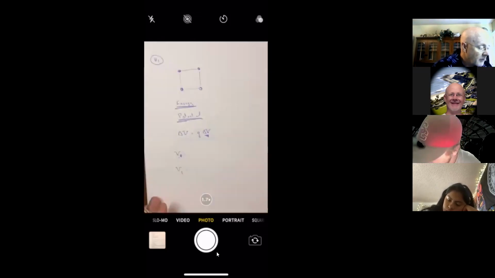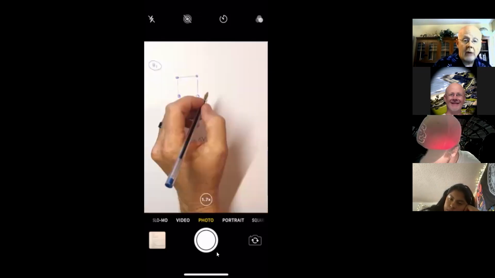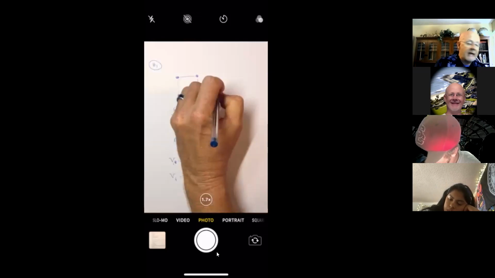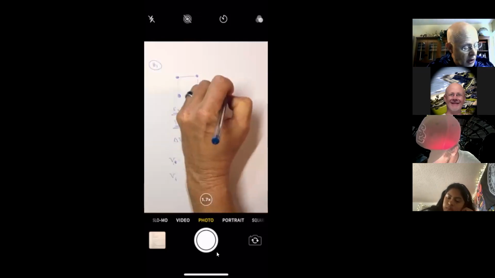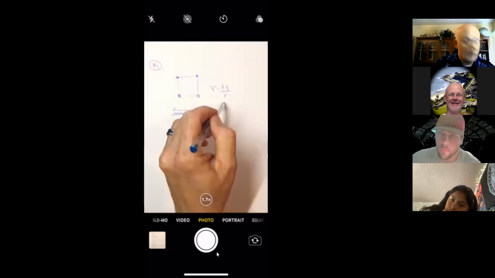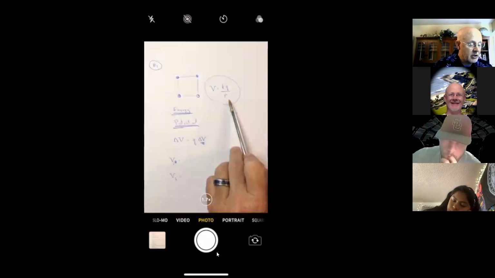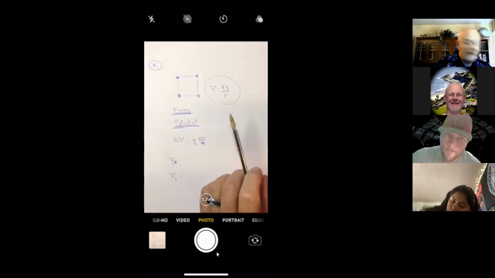Now, coming back to our lesson, the potential from a point charge is given by this formula. It's Coulomb's constant times the charge divided by the distance separating the 2.